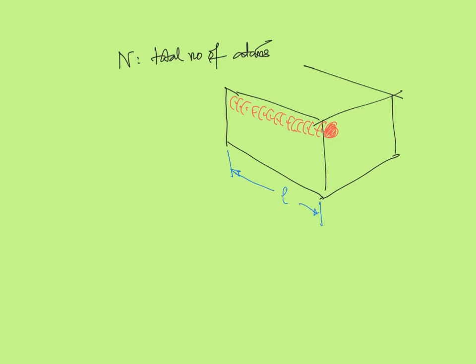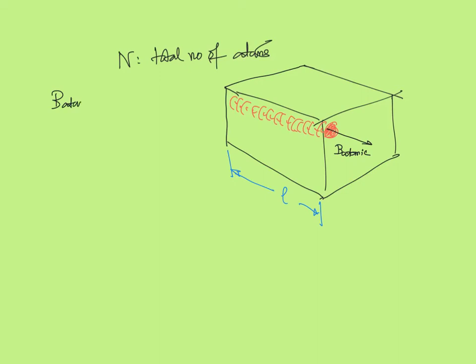I mean, this is the length of the bar magnet. So this n is the total number of atoms. Here in this solenoid, this is B external, B atomic, the atomic magnetic moment.